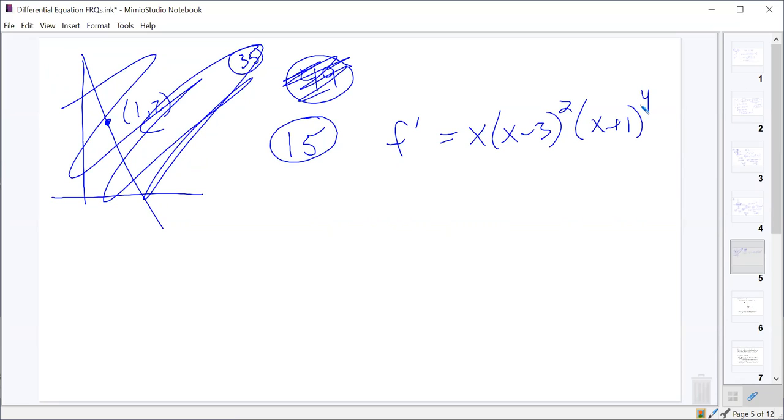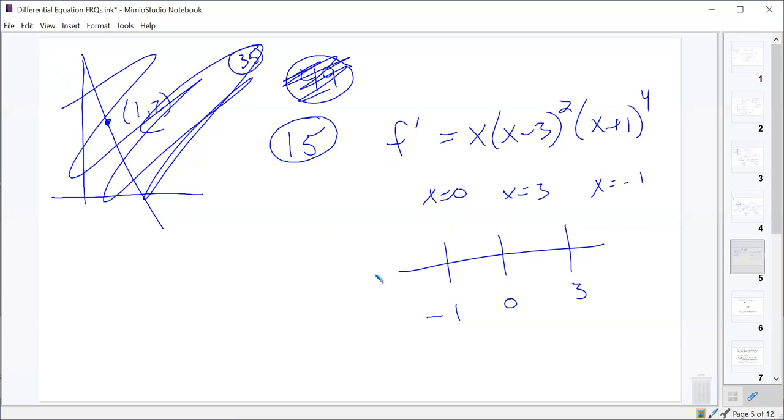First off, we should be able to really easily go in and make a sign chart with our values. So x equals 0 makes this 0, x equals 3 makes this 0, and x equals -1 makes this 0. So you go in and make yourself a sign chart if you want, plugging in each of these values, and you'll see that there's just one of these makes a minimum. I'll explain why in a second.